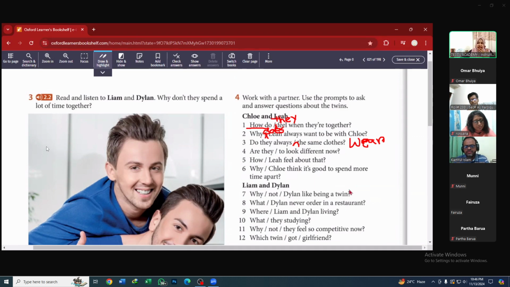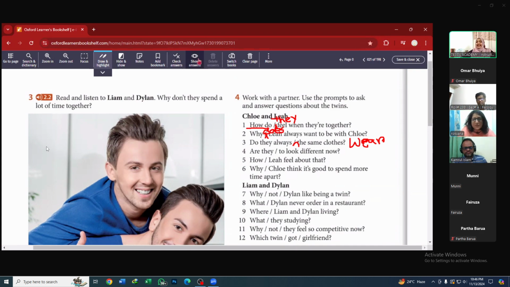What about Miss Munni? Can you do it? Are they similar, look different now. Ma'am, I thought it's continuous. That's why I wrote, are they looking different now? Oh, okay. That is a good try, but it will be, are they starting to look different now? Yes, ma'am. Starting. People say we are starting to look more different now.